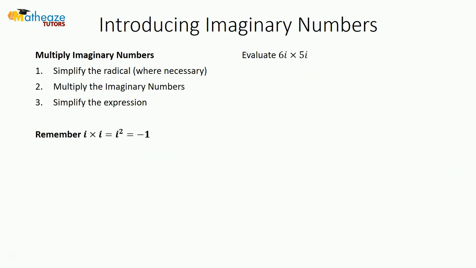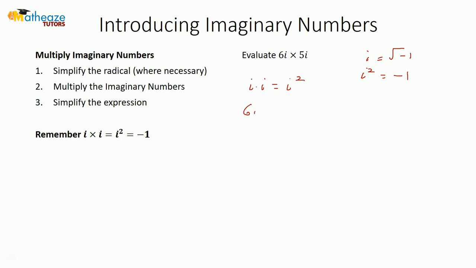Now, when we're multiplying imaginary numbers together, it's very important to remember that when we have i multiplied by i, we're going to have i squared. Also, remember that i is the square root of -1, so i squared is going to end up being -1.